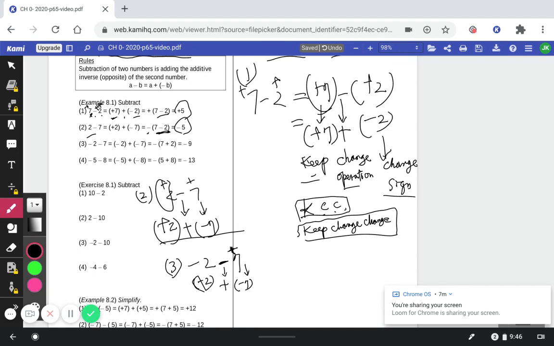Do you have the same sign or a different sign? You have a different sign, so you subtract the smaller absolute value from the bigger, and then you keep the sign of the bigger absolute value, which is negative in this case. So that becomes negative 5.